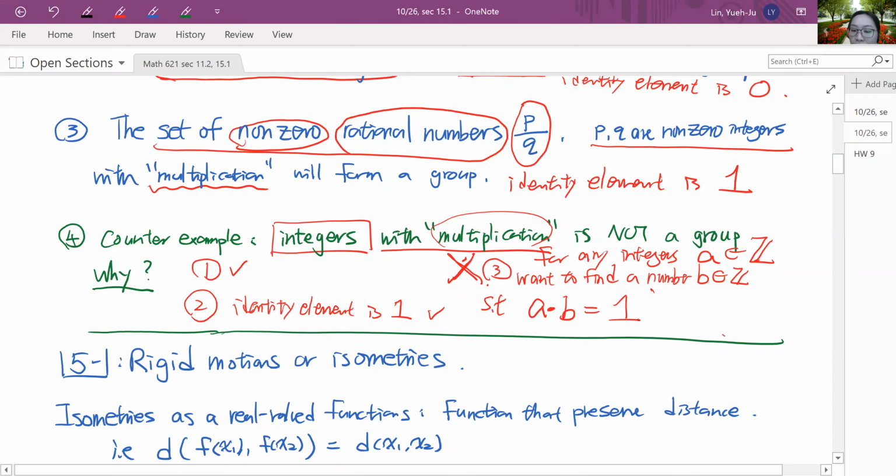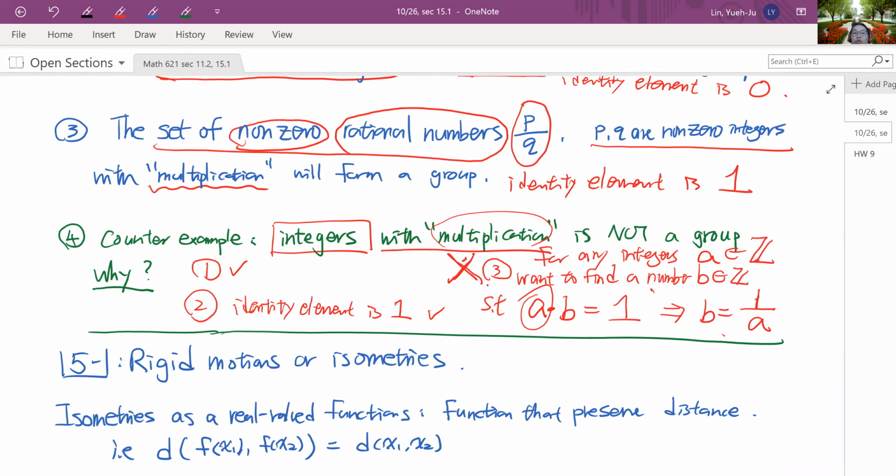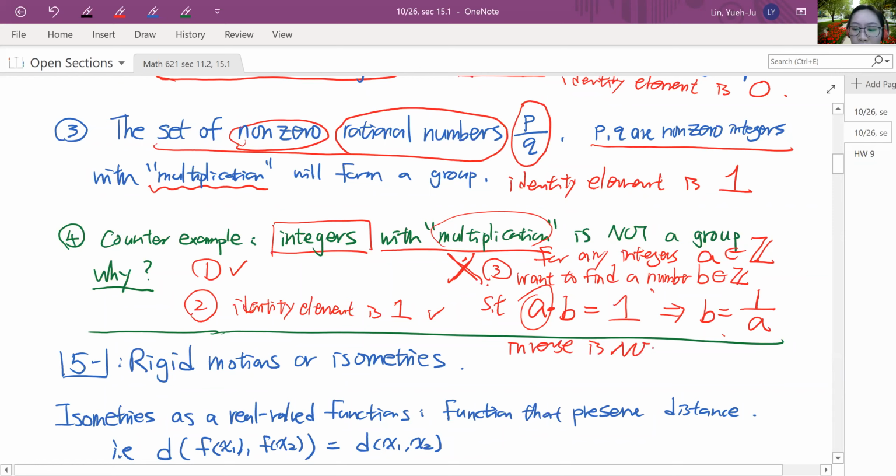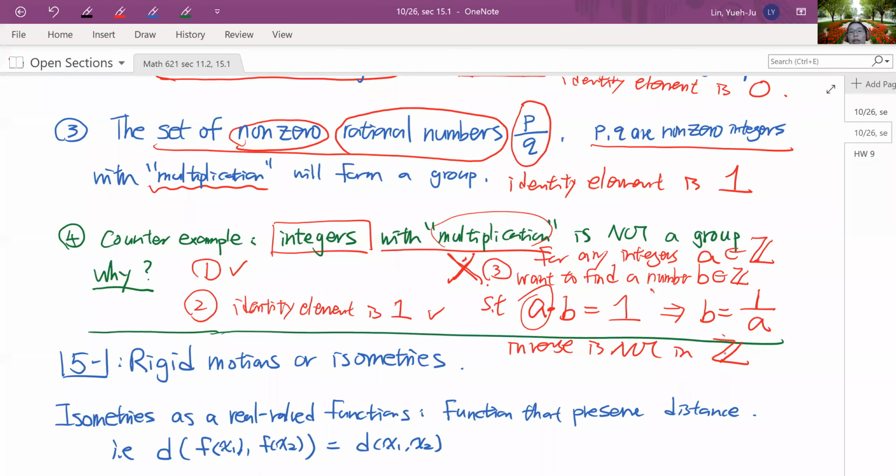The problem is that if a is an integer, then the only way is for b to be a fraction, not an integer anymore. So you can find the inverse, but the inverse would not be in the set. That's the problem. You can, of course, find some inverse, but that inverse is not in the set. The whole point is that you should be able to find the inverse from the same set.